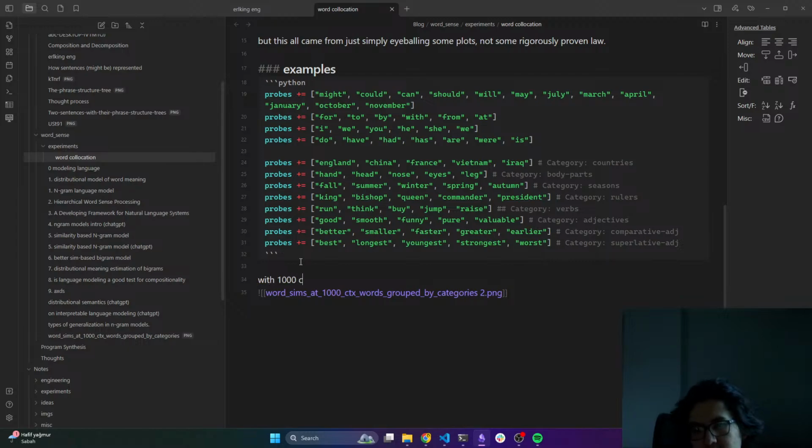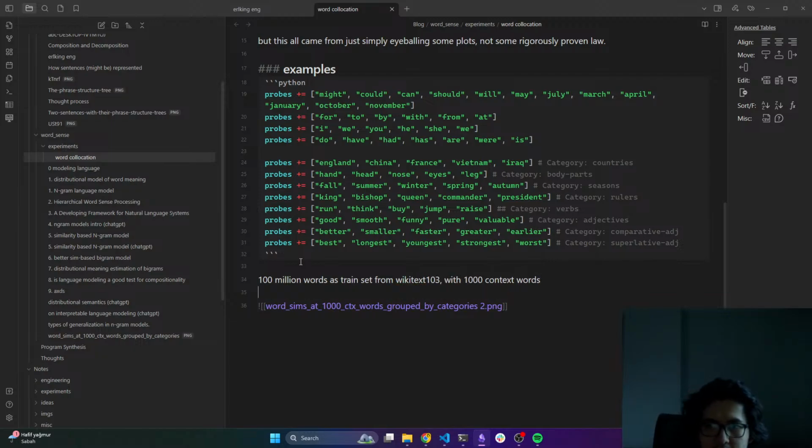With 1,000 context words, 100 million words as the training set, or make it text 103 with 1,000 context words.